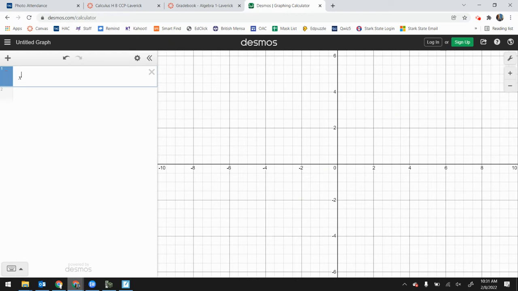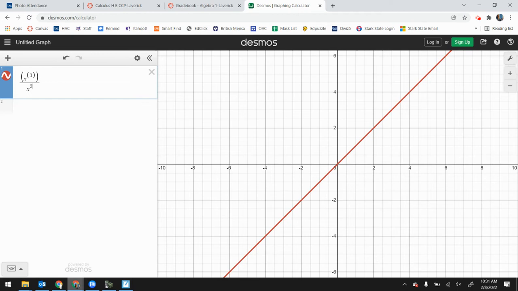X cubed divided by x squared plus 1, plus 1? And let's also put in the line y equals x.